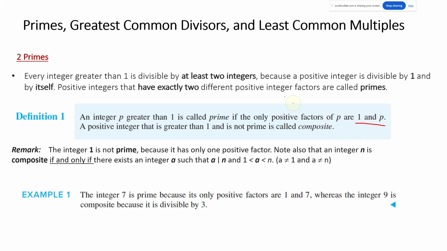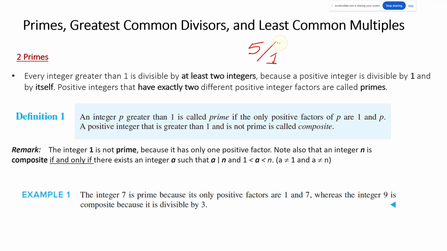What does this mean? That means that if you have a number greater than 1, right? So we don't want to include 1. If we have a number greater than 1, and you try to divide it by any other number, you can't, because it can only be divided by 1.